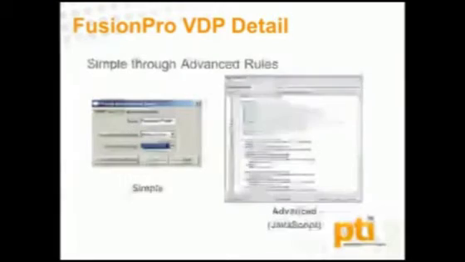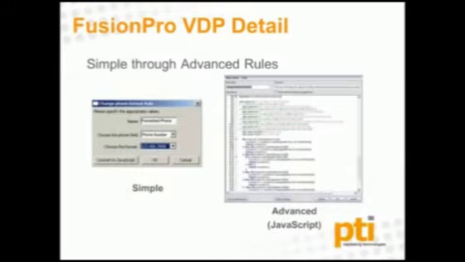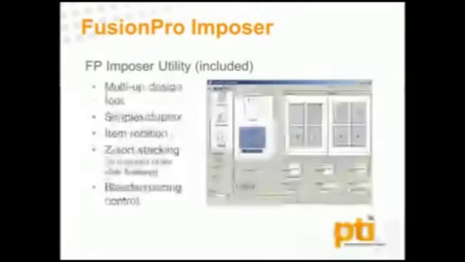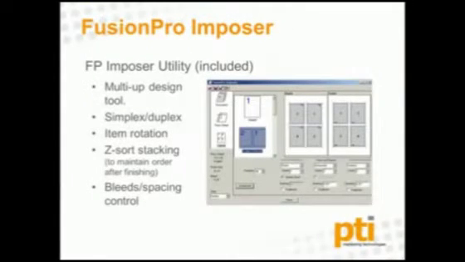I do stress that 99% of the jobs you're going to do should be able to be done through the rules that we have completely built out. Obviously, there are some rules that are going to need a little bit more attention. But the reason why we built this in is so we can pretty much do anything creative that you as a customer want to do.